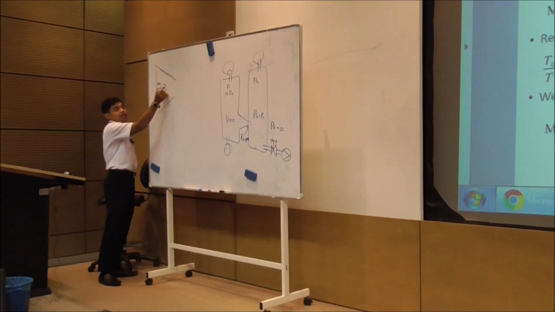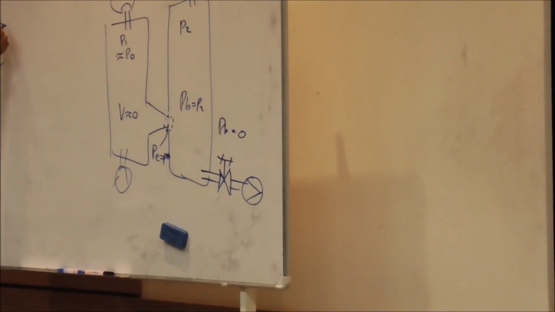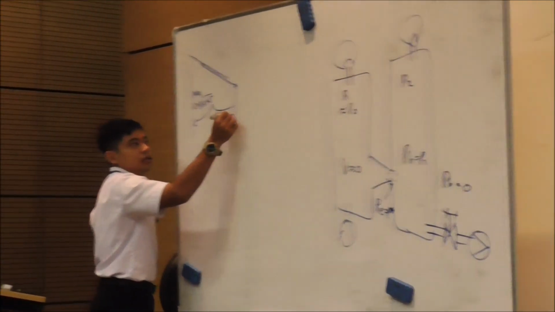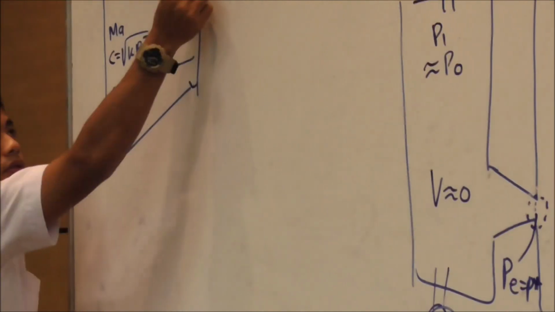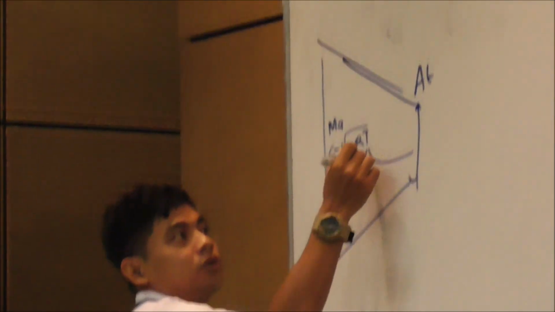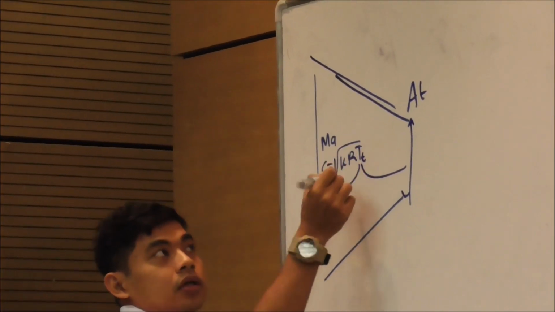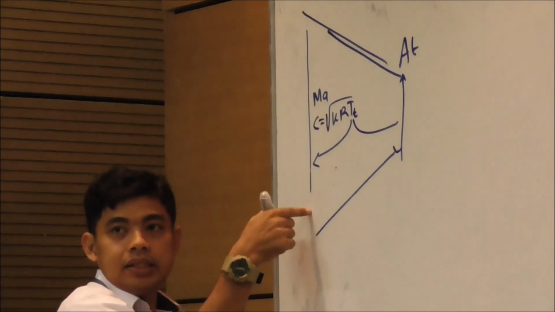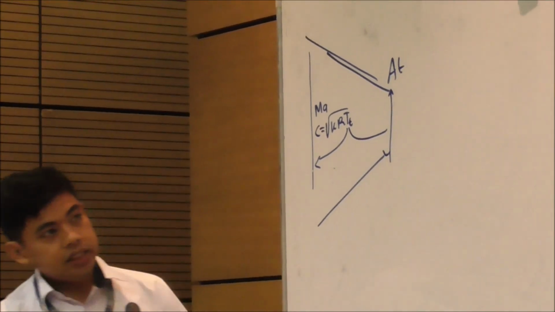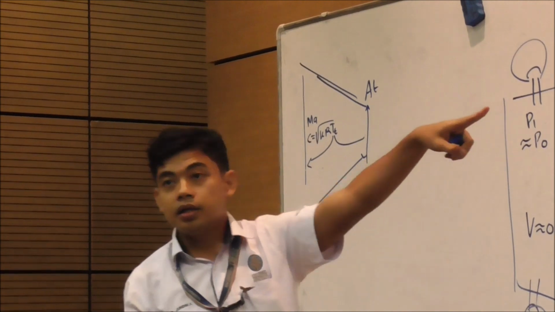Now, what happens if we use T in the throat? This is your throat. We use T throat to calculate the Mach number in this location. That is Mach number star.